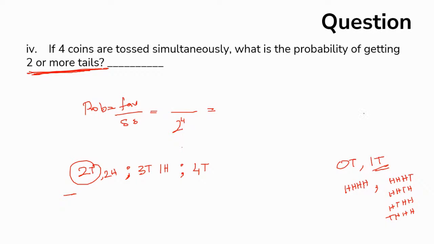So totally how many chances? Five chances. The unfavorable event is represented by P of E bar, so unfavorable event divided by sample space value. So it is like 5 by 2 power 4, which once again is 16. So from the unfavorable event, how will you go for the favorable event?